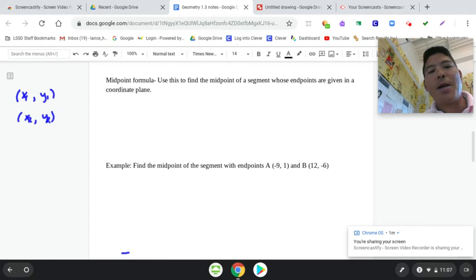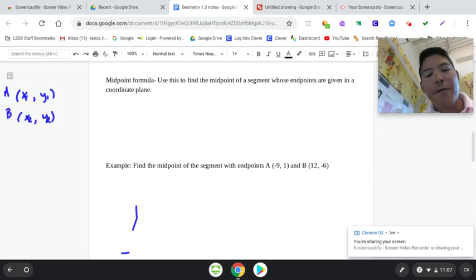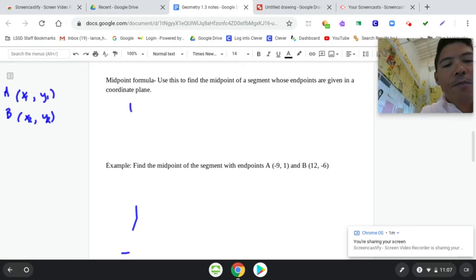To be able to find the midpoint between the 2 points, if I call those points A and B, the midpoint's going to be a point itself. So you would just label your midpoint like M usually, but the midpoint's going to have an x coordinate. The midpoint's going to have a y coordinate as well. The midpoint formula is as follows.